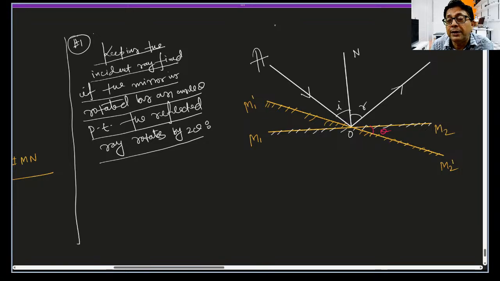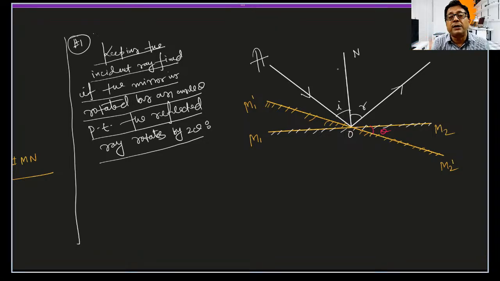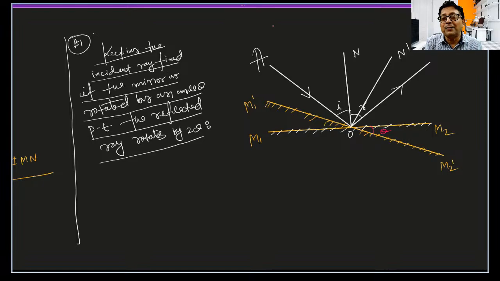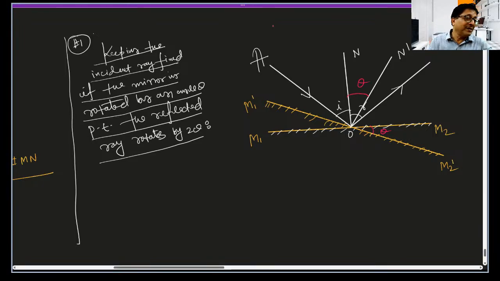You should agree. If we rotate the mirror by theta, the normal to it also rotates by theta. That is obvious. So this is the new normal, ON dashed, and this angle of rotation is theta. Am I clear?